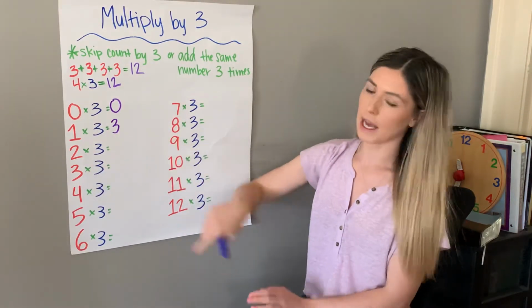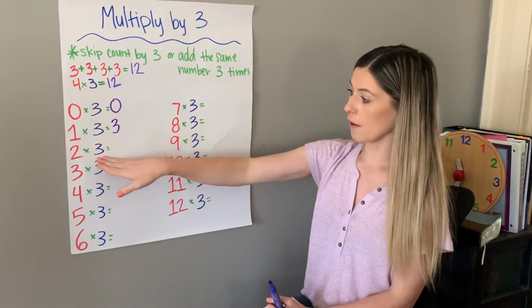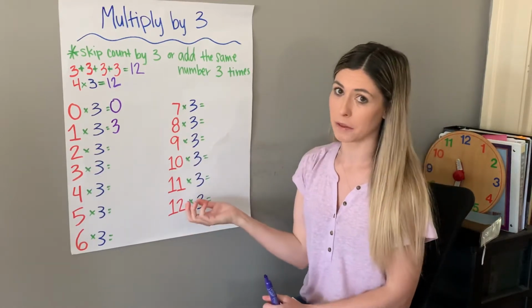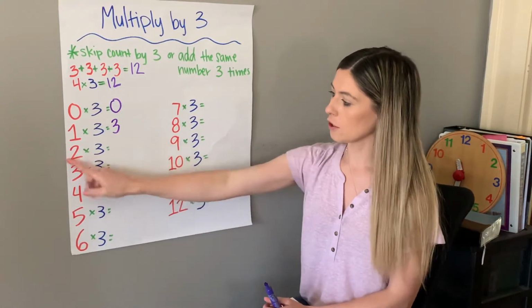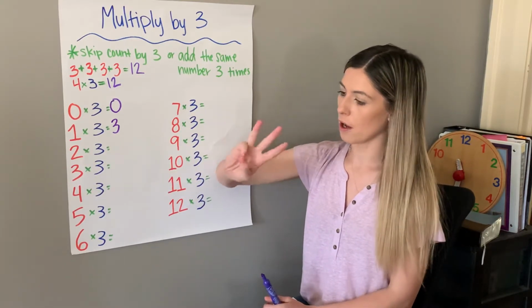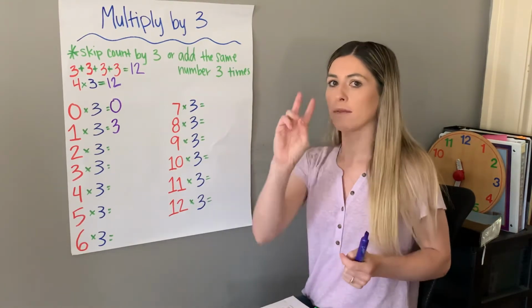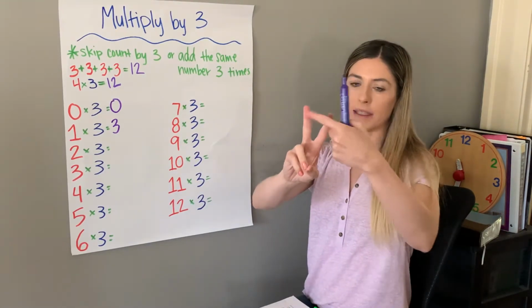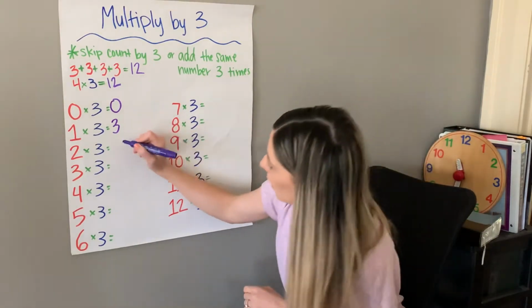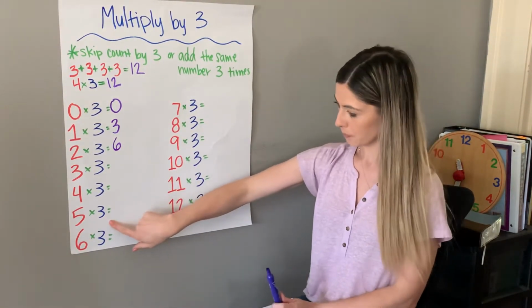2 times 3, I've done that before. I can skip count by 2, or this time I can actually skip count by 3. So I can either count by 2s on 3 fingers, 2, 4, 6, or I can count by 3s on 2 fingers, 3, 6. Same answer. My answer is 6. Then we've also learned 5 times 3.